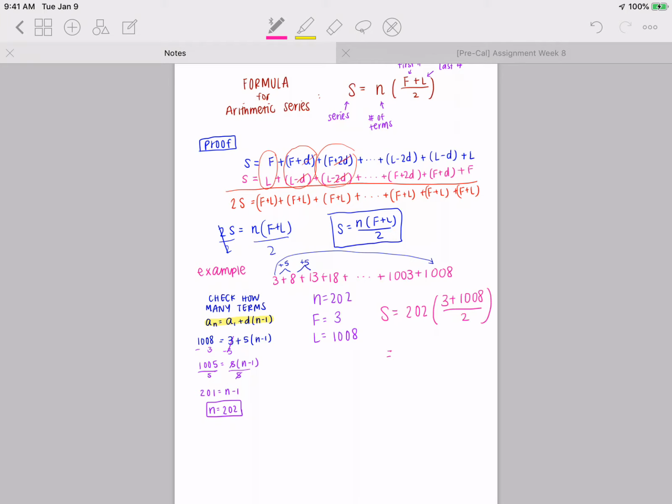If you put this in your calculator, you should get 102,111. That's the sum of all those numbers from 3 to 1008, skipping by 5.